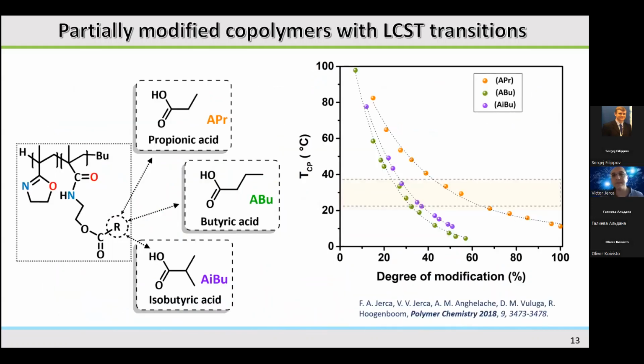We also obtained a quantitative correlation between the degree of modification and the cloud point temperature. And as you can see, we can nicely tune the cloud point temperature either by increasing the amount of the propionic, butyric, or isobutyric acid, or by changing the hydrophobicity of the acid.